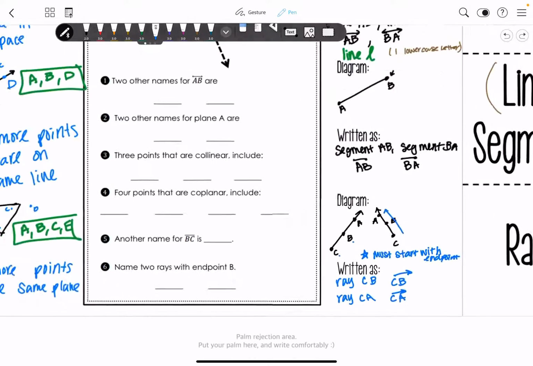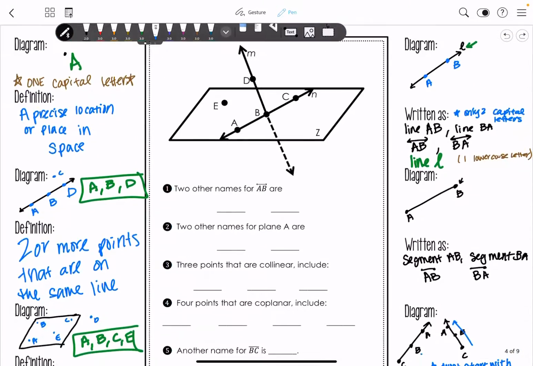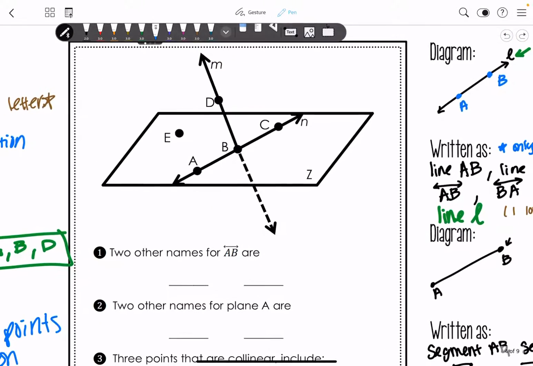All right, so now let's check out this part right here. There are going to be a couple of different options that we can put in here, but we'll talk about some of the most basic ones. So two other names for line AB right here. We want to include the arrows on this, which means we could also make it line BA, like we've been doing.